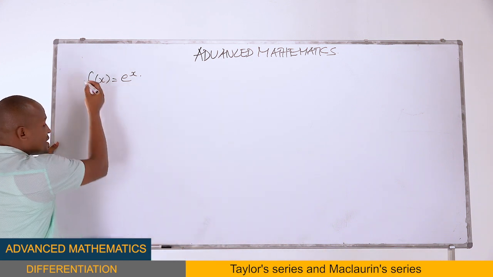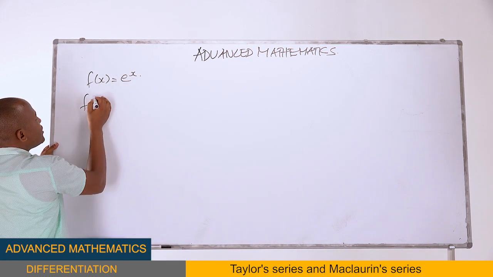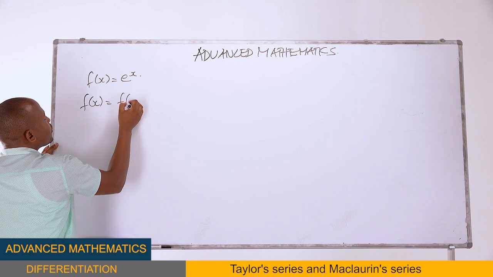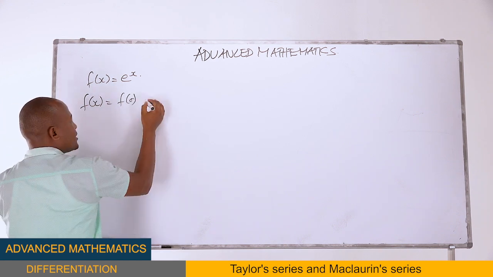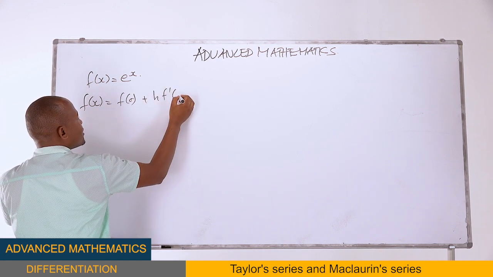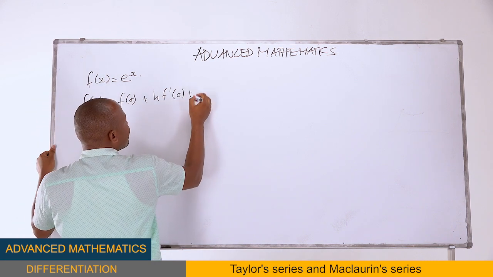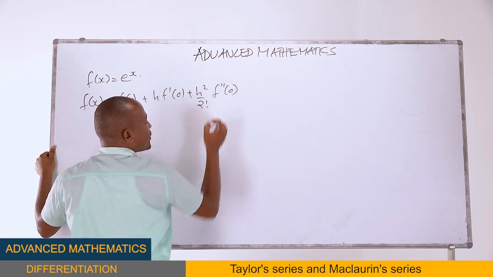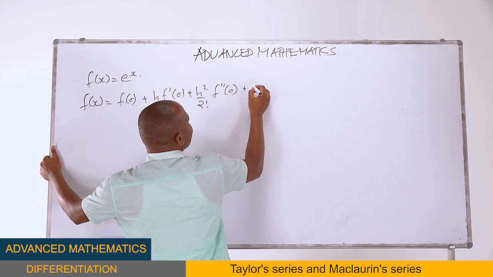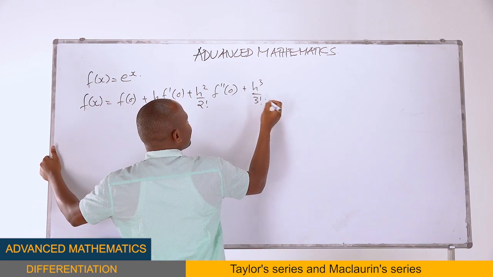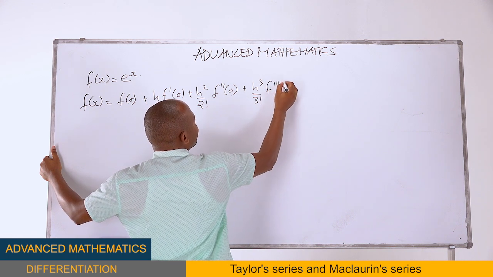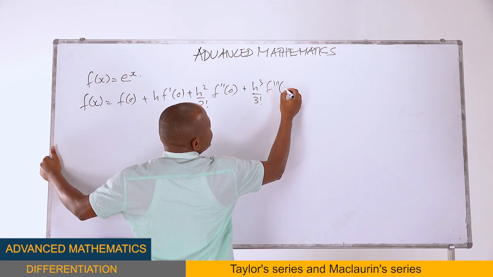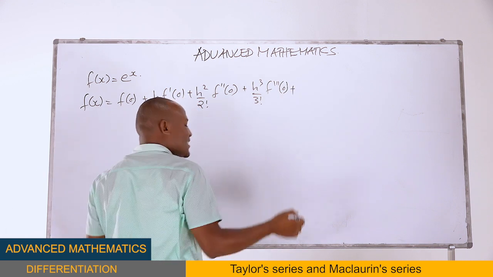Now our series, if we try to remind ourselves, is f evaluated at that point, then we have h times the first derivative evaluated at that point. We have h raised to 2 over 2 factorial, second derivative evaluated at that point, and then we have h cubed over 3 factorial, third derivative evaluated at that point, and so forth.